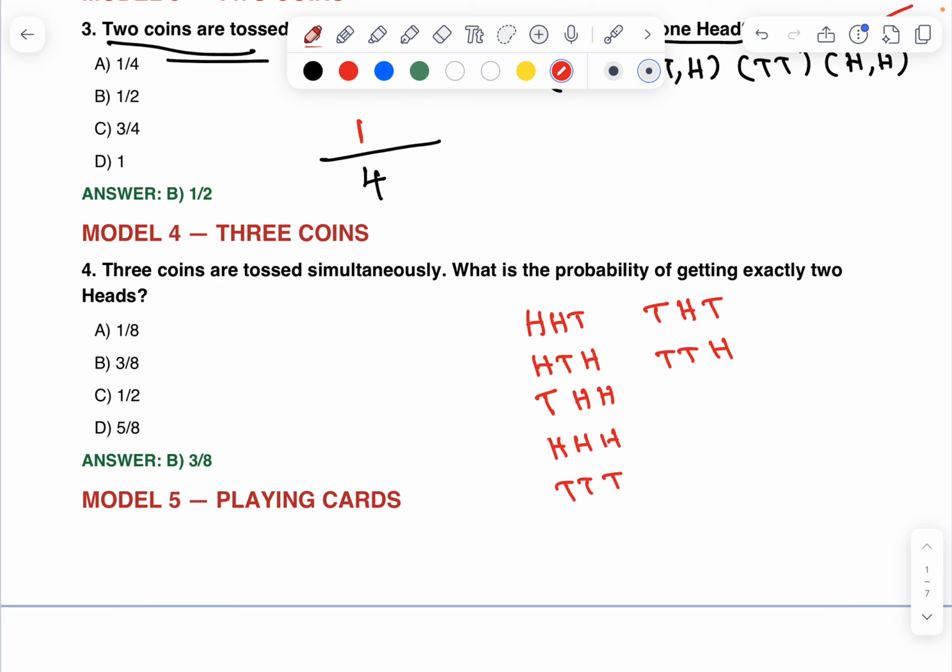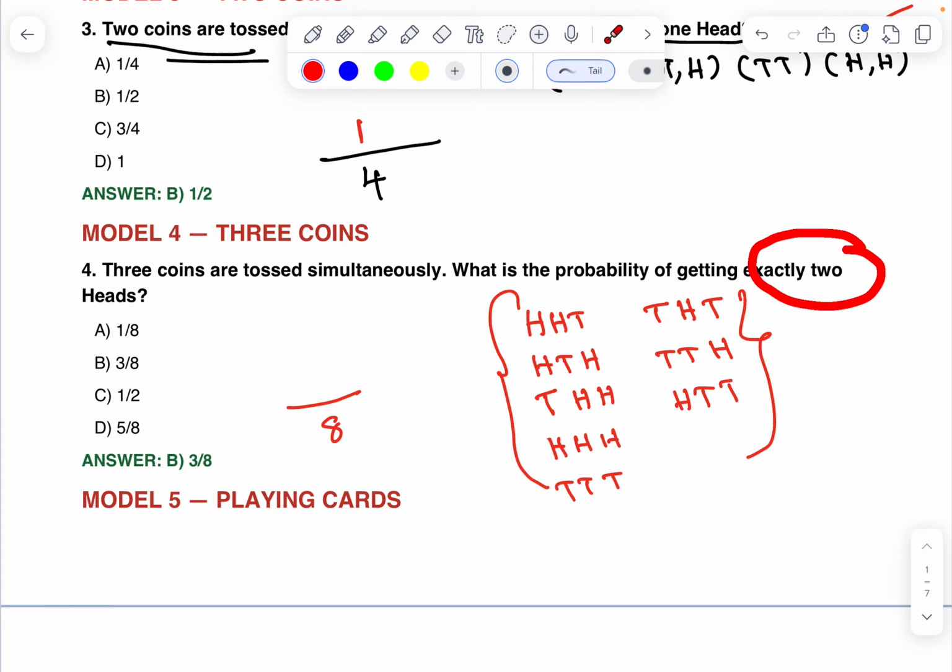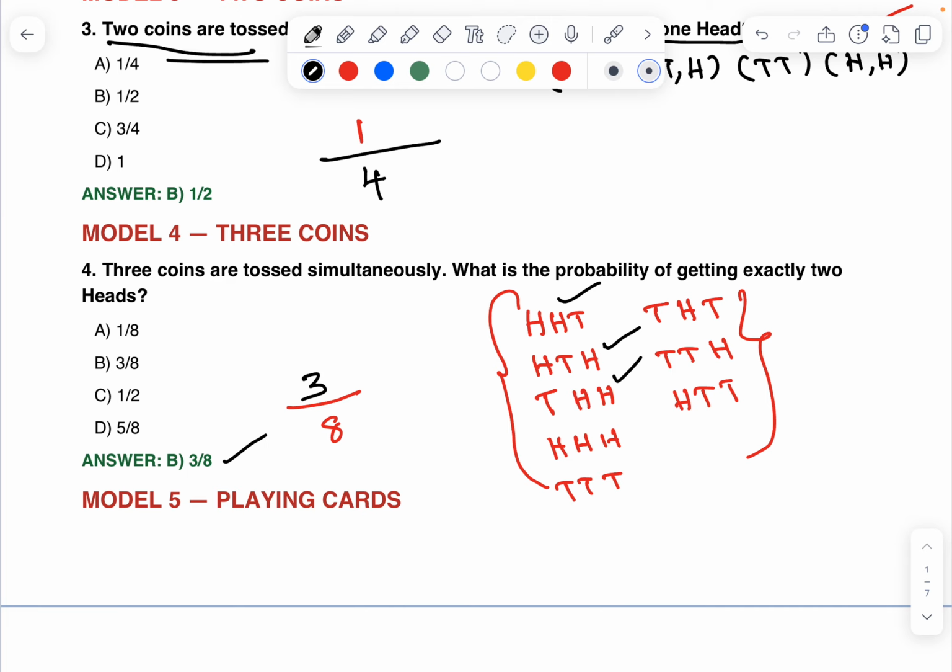Total how many completed? 7 completed. And head, tail. Total 8. These are the total outcomes, 8. But here I want only exactly two heads. How many are there? 1, 2, 3. Exactly. Therefore, answer is 3 by 8. 3 by 8 is the answer.